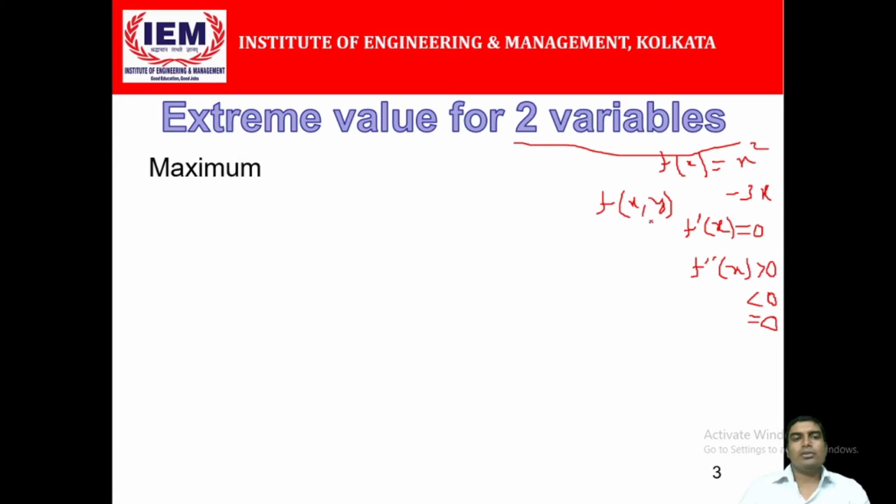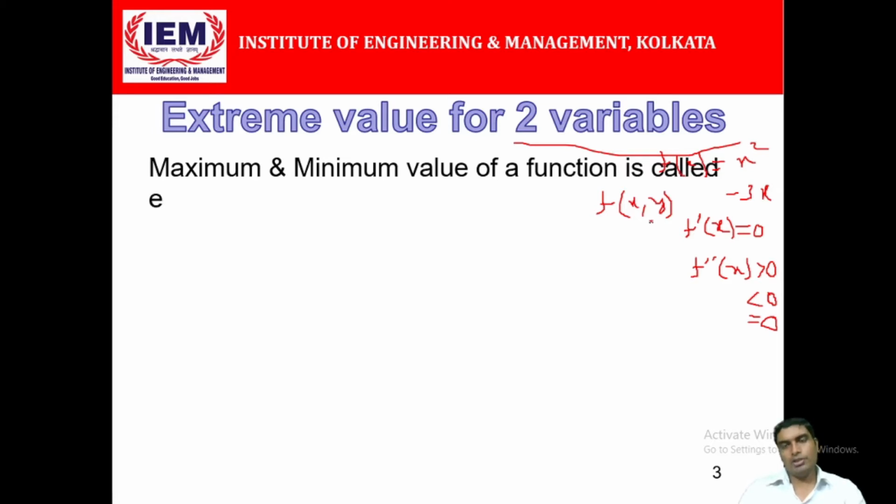So for two variables, let's find out what maximum and minimum mean geometrically. How does it signify? Because when you talk about a function of x and y, that basically represents a surface.